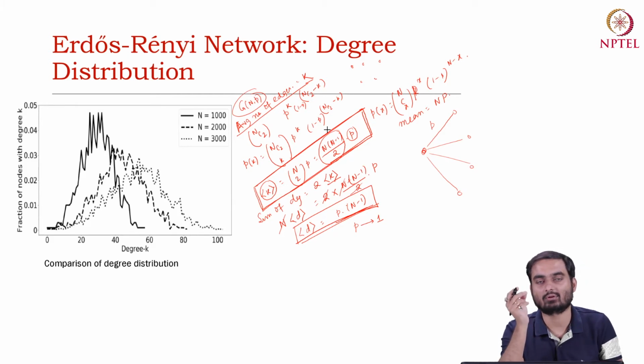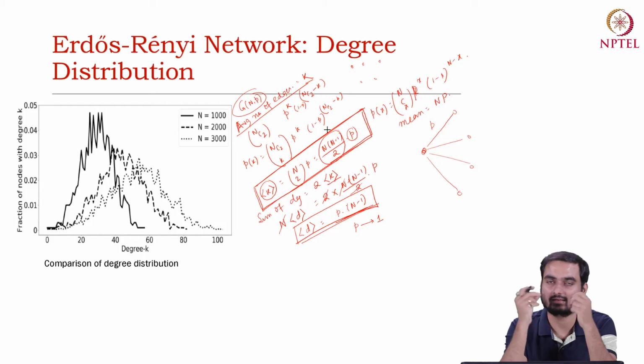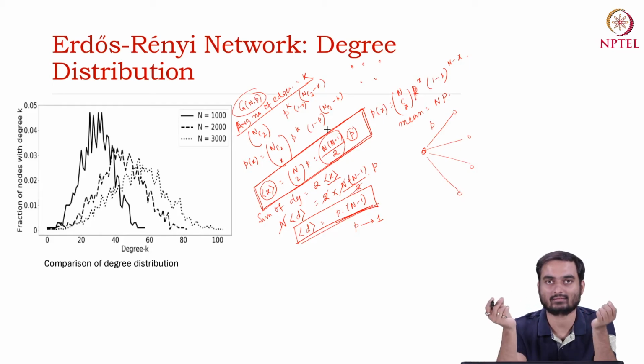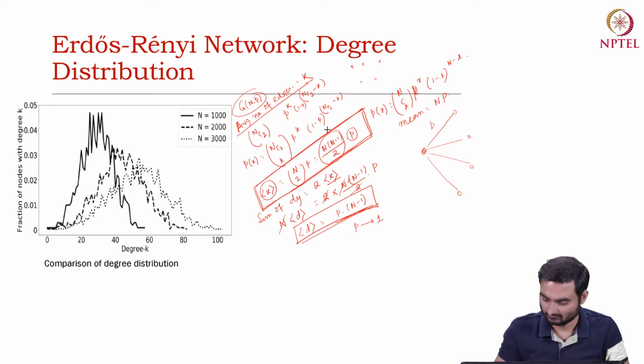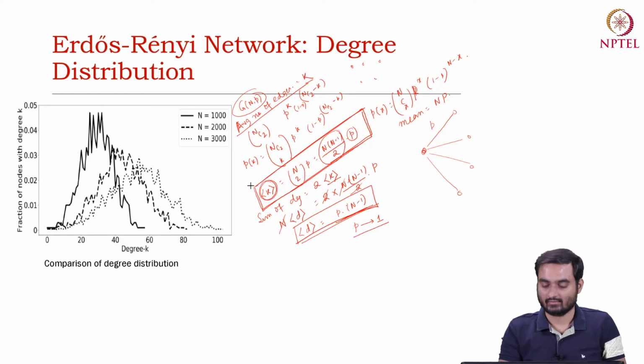So p equals 1 means we take a pair of nodes and we connect them, because the probability of connecting a pair of nodes is always 1. So we will always connect. It is not the case that any pair of nodes will not be connected. Okay. So as p increases, this will increase.